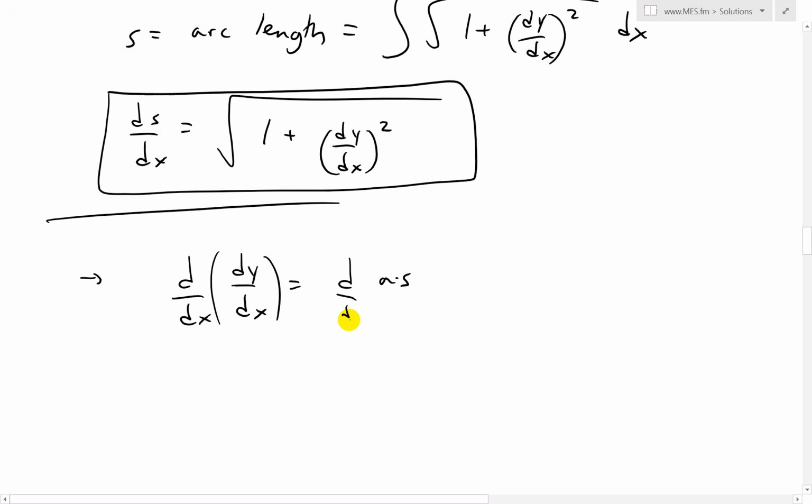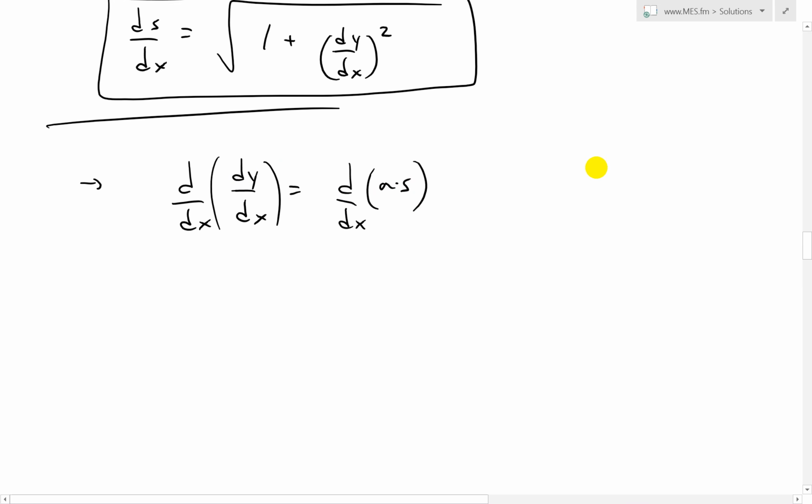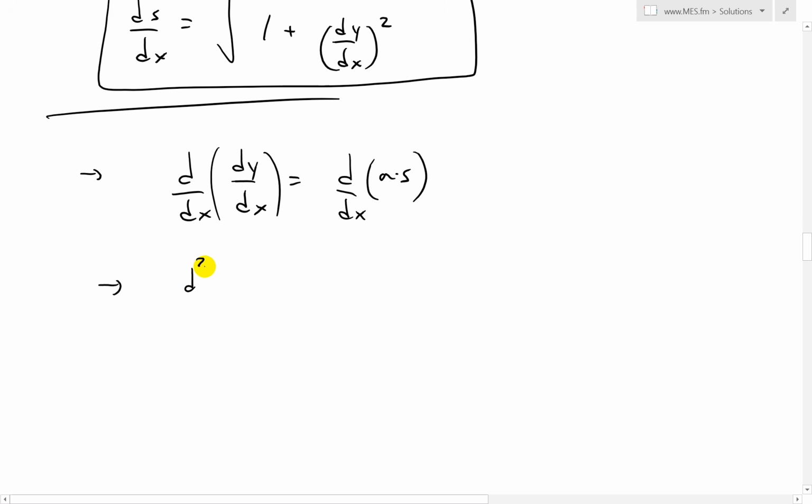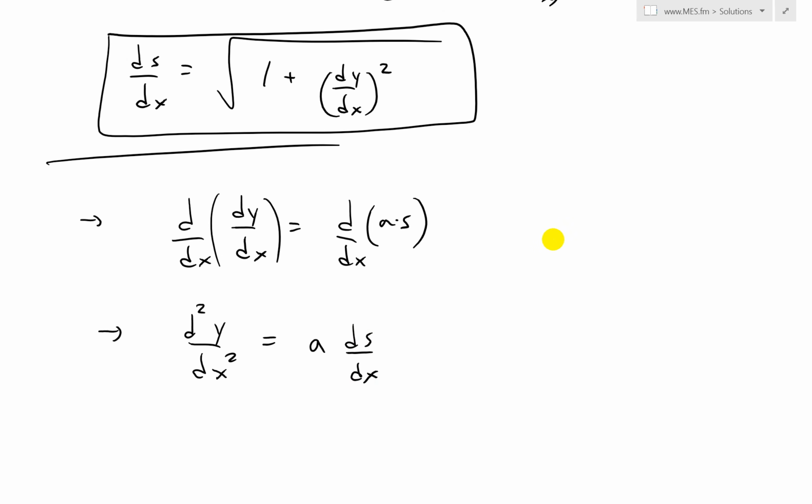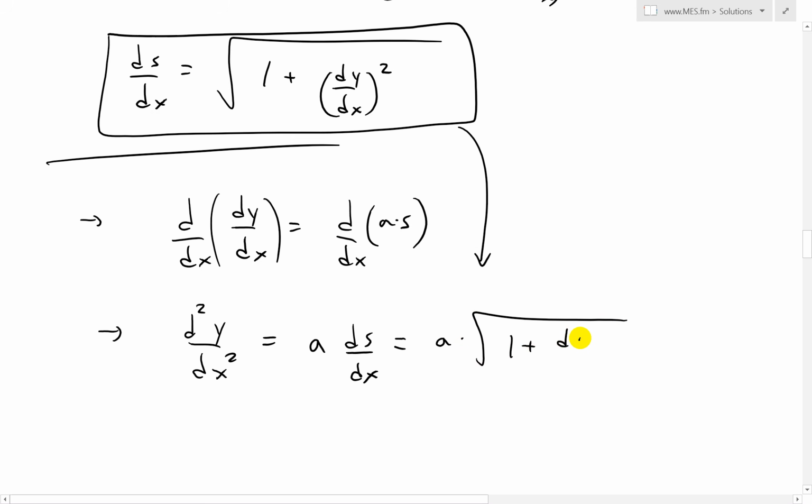So we end up having d squared y over dx squared, the second derivative, equals a, which is just a constant, take it out, times ds over dx, where ds over dx is just this part there, so we put that in, so we get a times the square root of 1 plus dy over dx, squared.